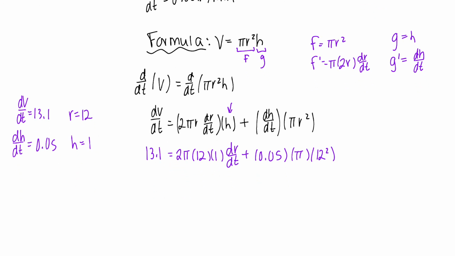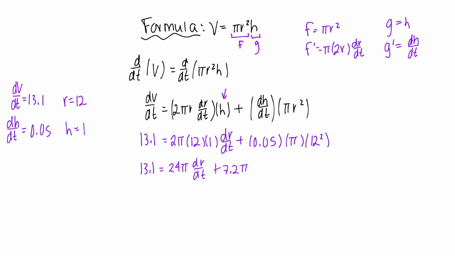I'm going to start by simplifying a little bit here. So we have 13.1 equals 24 pi dr/dt plus 12 squared times 0.05, which is 7.2 pi. So I would subtract the 7.2 pi on both sides.